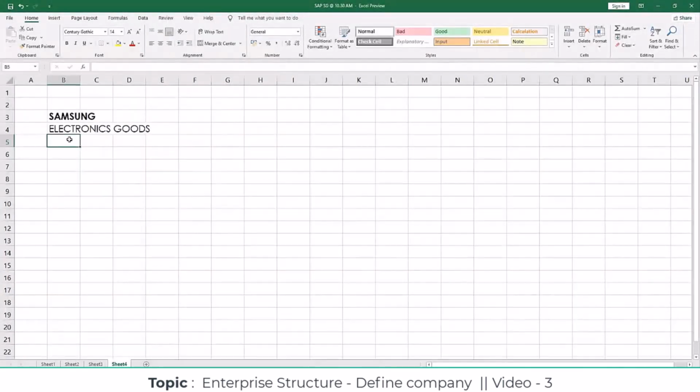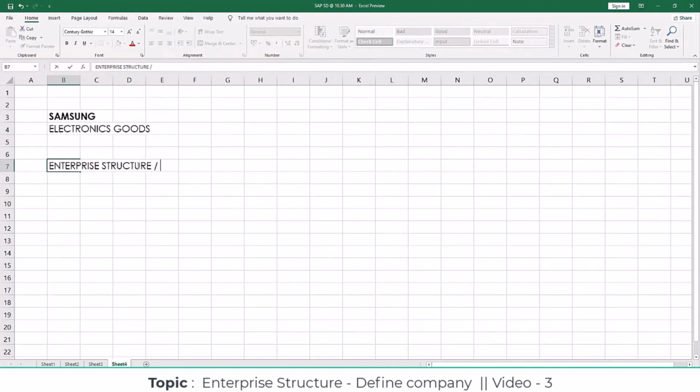So first thing we do, every company is going to have their enterprise structure which needs to be configured, or you can also call it an organizational structure. Every company will have an enterprise structure or an organizational structure which needs to be configured. Once you develop this one, then only we can go for recording day-to-day transactions.